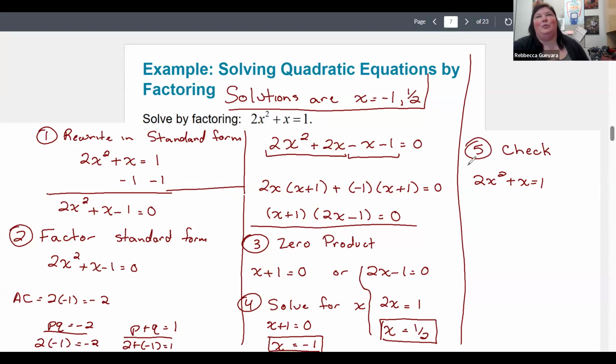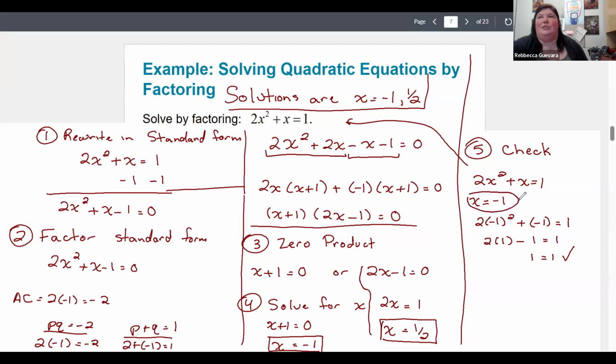So we want to go back to the original. We're going to try x equals -1. If I plug that in there, I get 2 times -1 squared plus -1 equals 1. So that is 2 times 1 minus 1 equals 1, and we end up with 1 equals 1. So this is a correct solution.